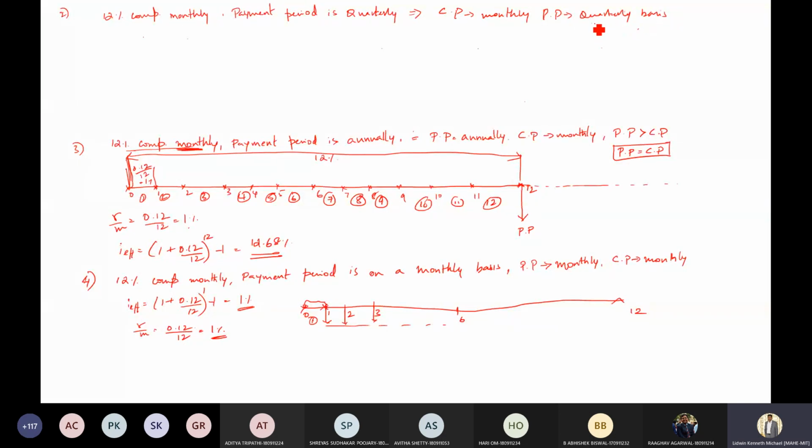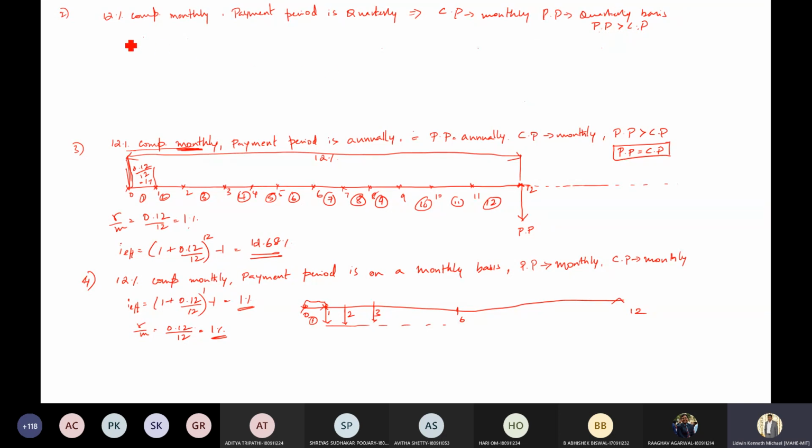So again your compounding period is actually less than your payment period, or the payment period is greater than your compounding period.